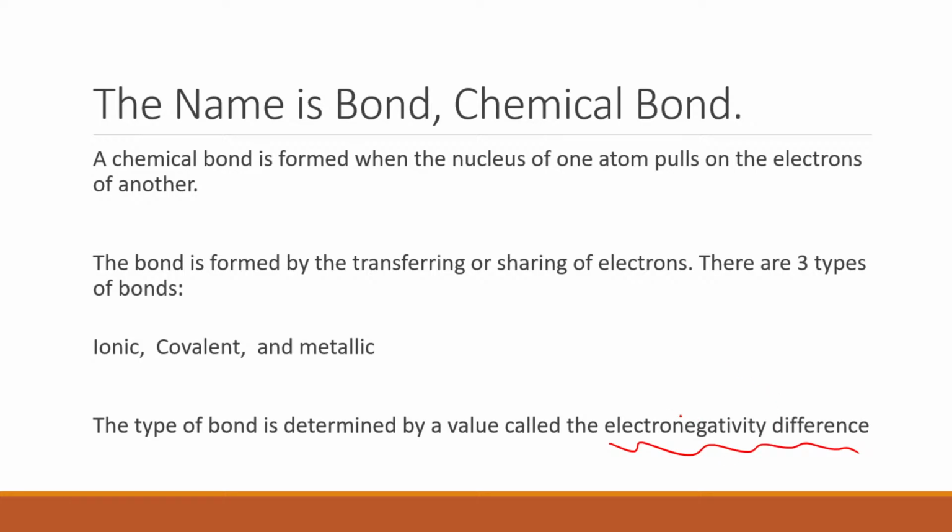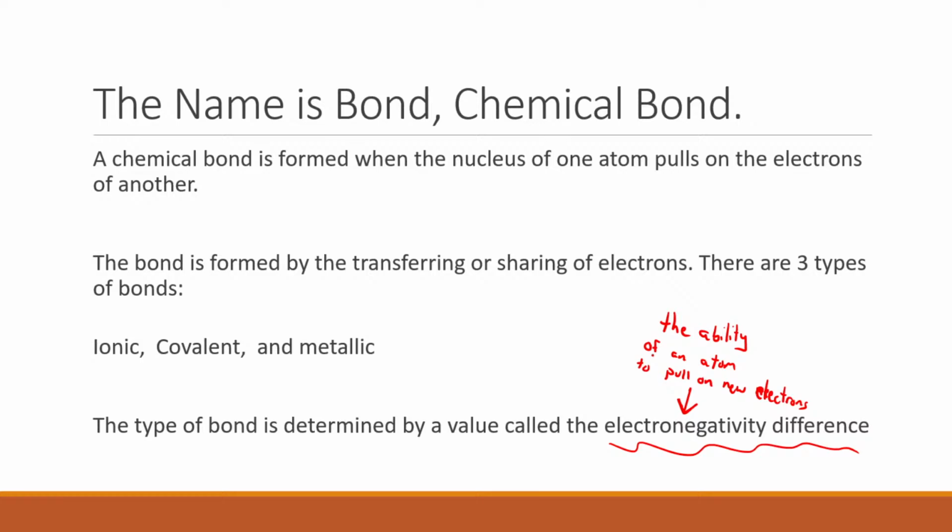We talked about electronegativity in our last unit, and we defined it as the ability of an atom to pull on electrons, to pull on new electrons specifically. A high electronegativity means that the atom is good at pulling at new electrons. Low electronegativity means the atom is bad at pulling on new electrons.